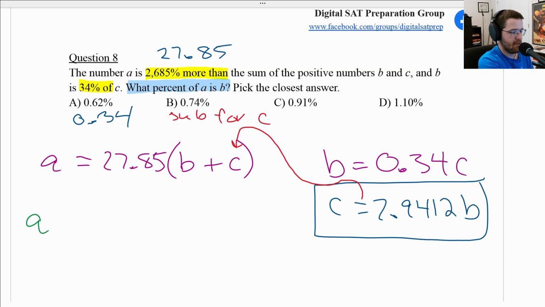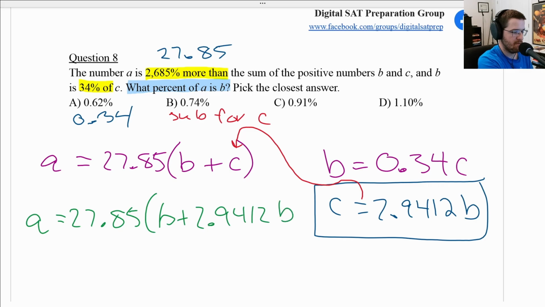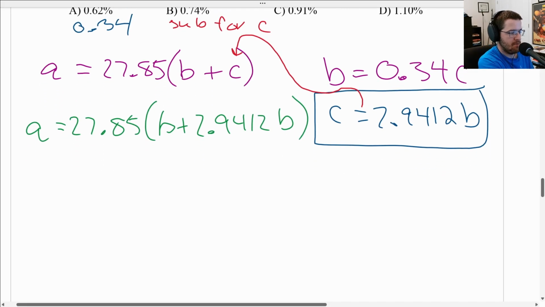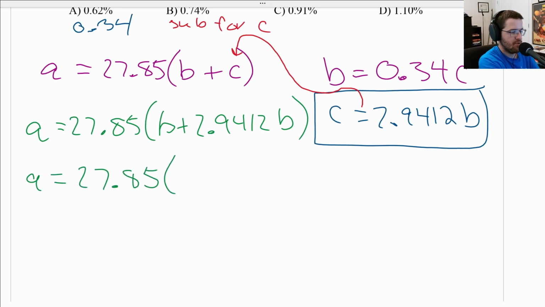We get A equals 27.85 times B plus 2.9412B. Okay, 1 plus 2.9412, that is 3.9412B.